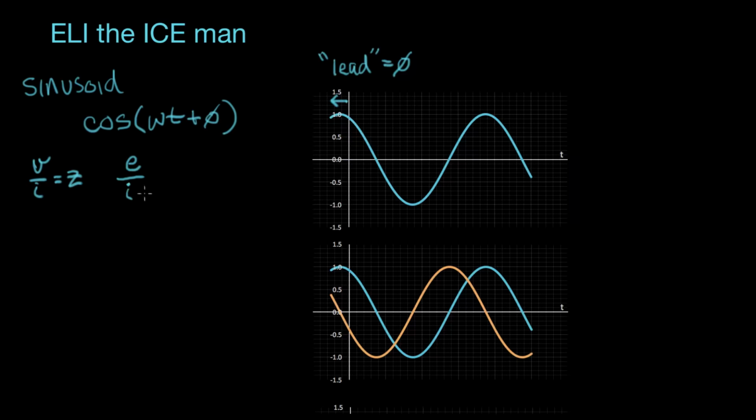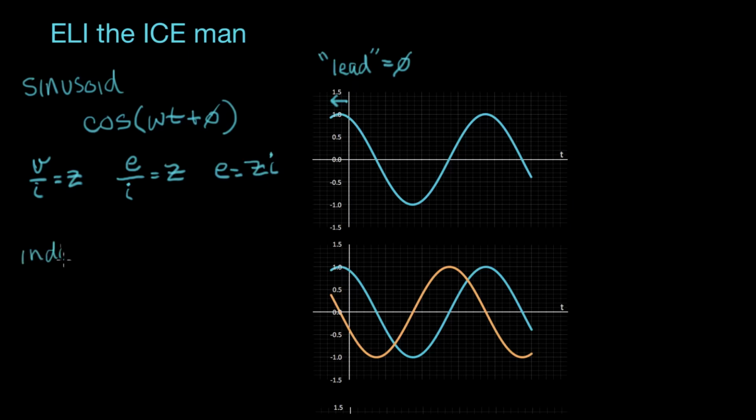And I'll show you why I want to use E in a little bit. Another way I can write this just as easily is E equals Z times I. And this looks a lot like Ohm's law. And what we're going to find out is we can apply this, in addition to applying it to resistors, to capacitors and inductors.